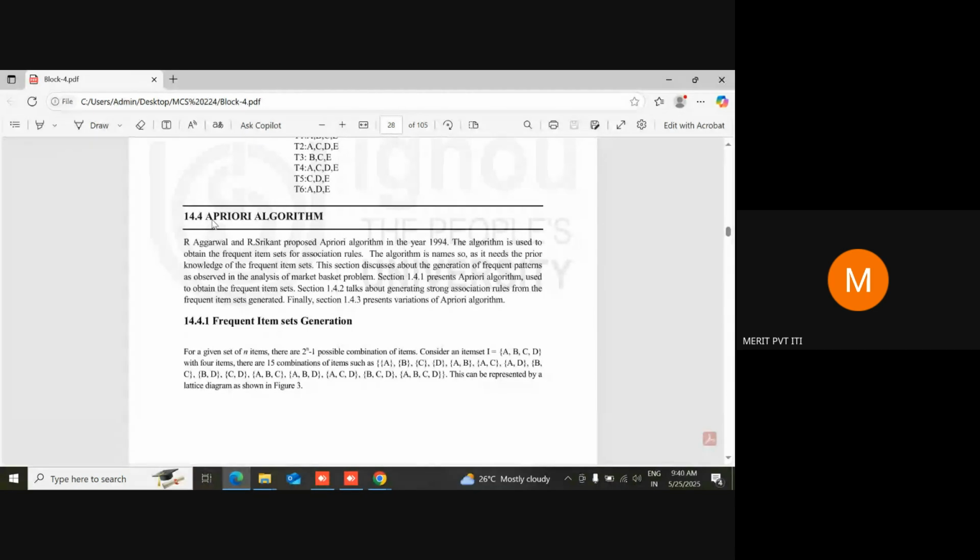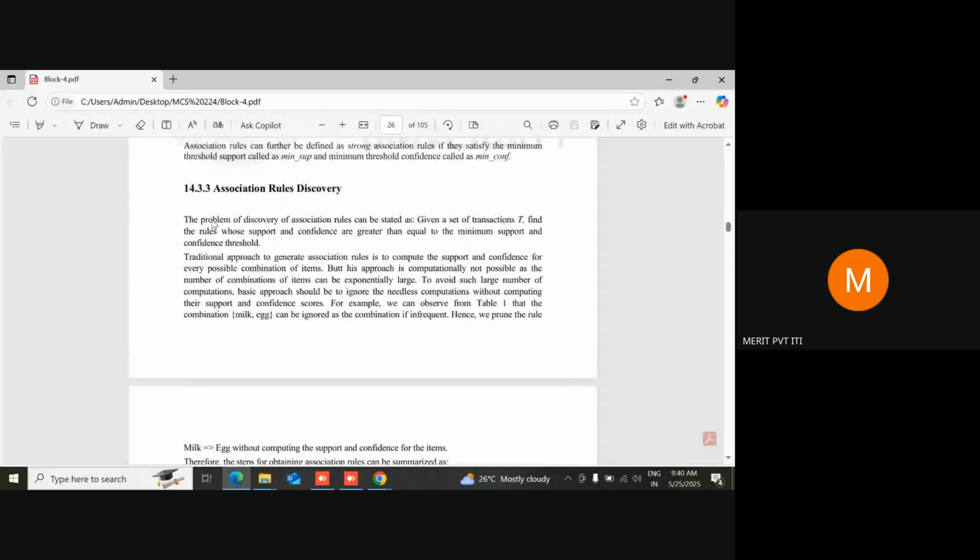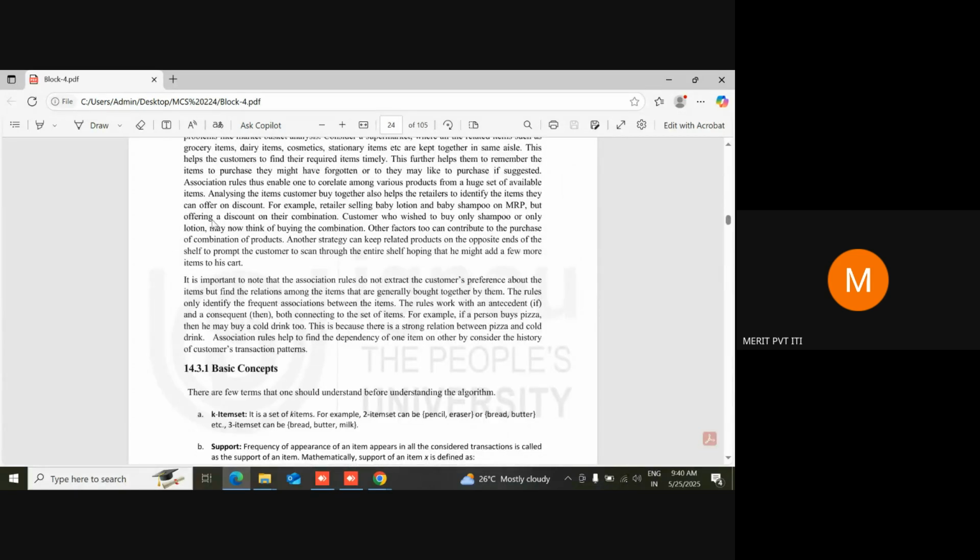This was done by two of our Indian scientists. Section 1.4.1, which we had seen earlier, presents the Apriori algorithm used to obtain the frequent item sets. Section 2 talks about generating strong association rules from the frequent item sets. And finally, section 3 presents variations. These are the things we have talked about here.